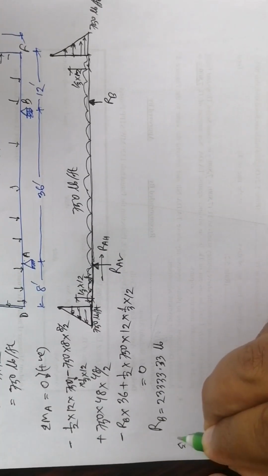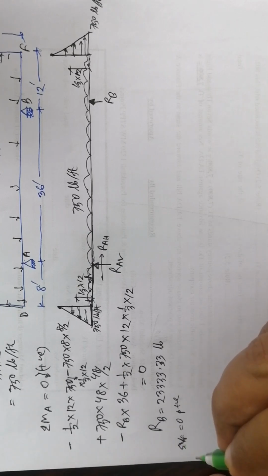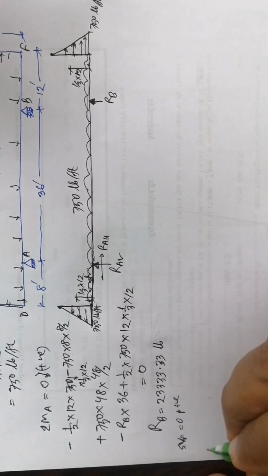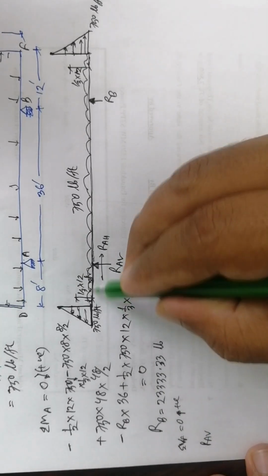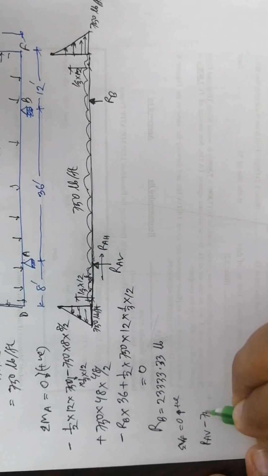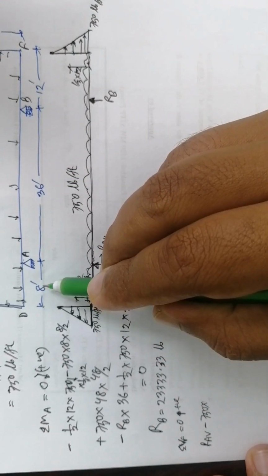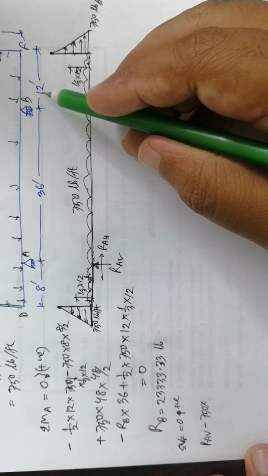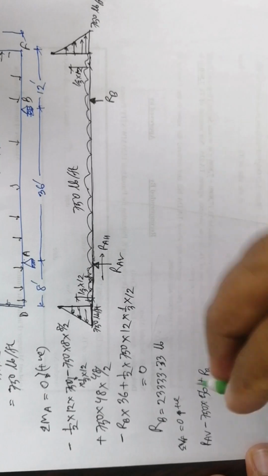Now if we consider the summation of vertical force equal to 0, upward positive, the vertical force RAV is upward positive, and the whole distributed load is negative: 750 into 8, 36, 44, and 44 and 12, 56, plus RB is also vertical, equal to 0.